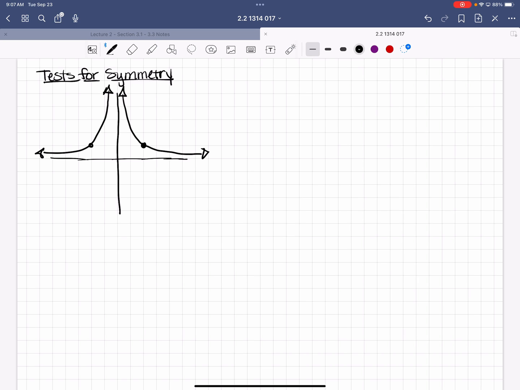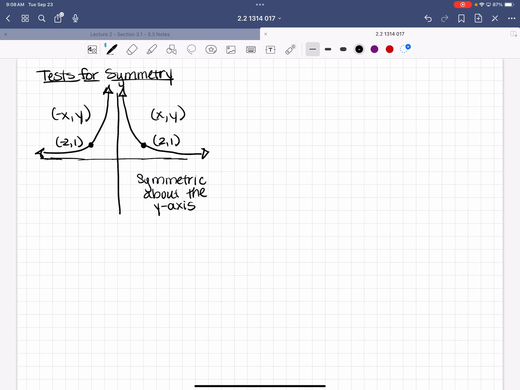This point right here, we said was 2, 1. This point is negative 2, 1. Yes, I know they don't look exactly the same on both sides because that's how I drew them. This graph is said to be symmetric about the y-axis. And if you'll notice, 2, 1, which is xy, right? What do we also have? We have a negative 2, 1, so that means a negative x, y is present.